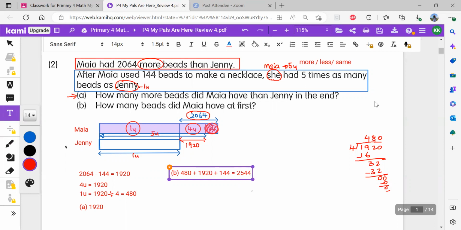So how many beads did Maya have at first? It is 2544 in total. That will be the answer. You can just write down ANS.